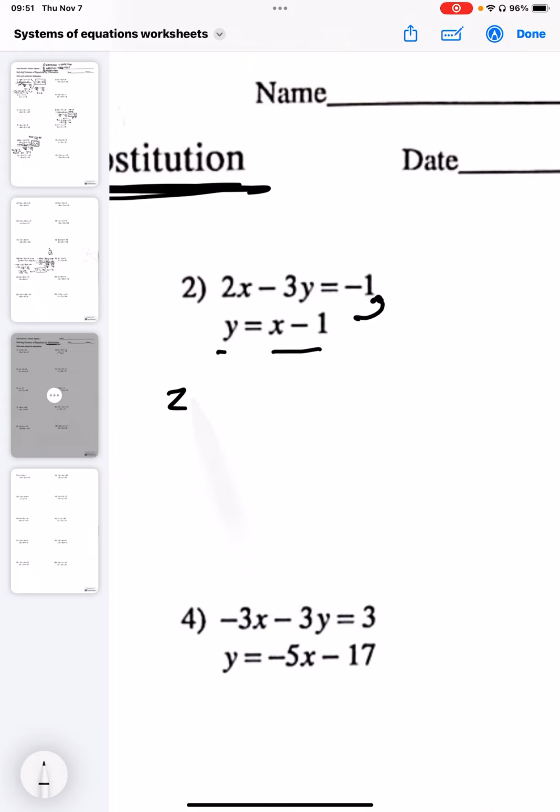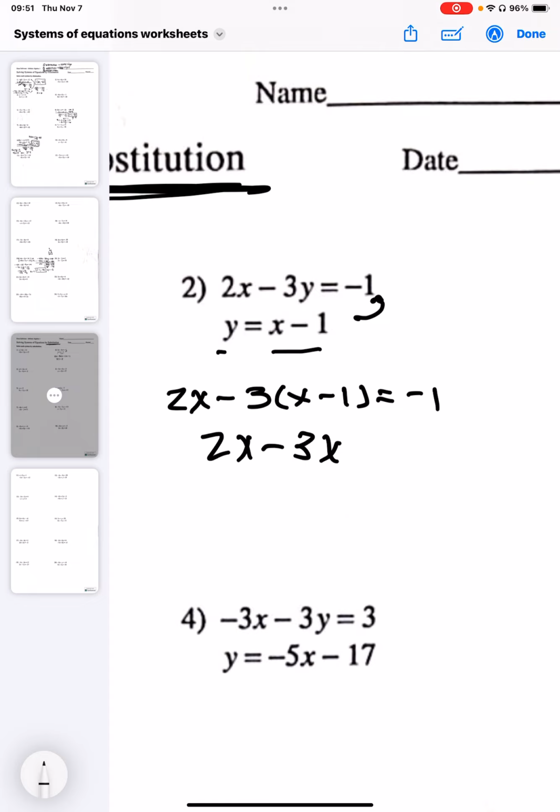So we can say 2x minus 3 times x minus 1 is equal to negative 1. I just plugged in x minus 1, y equals x minus 1. So where we see y in this first equation, we plug in x minus 1. So then we can solve.